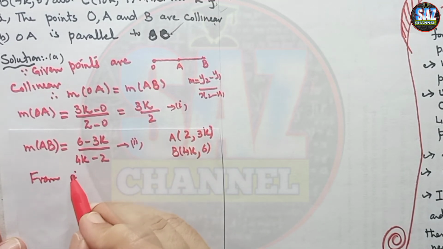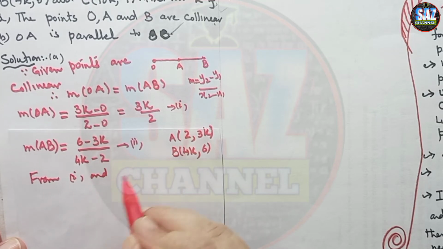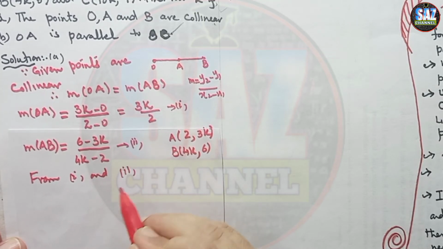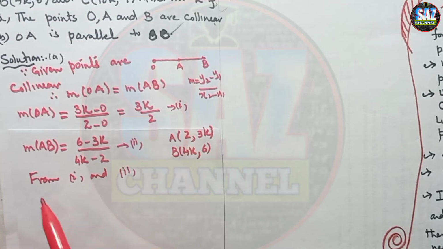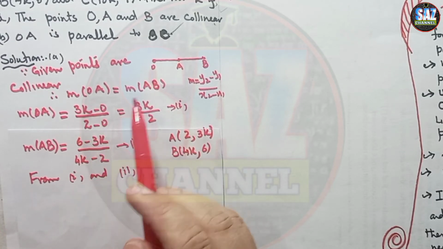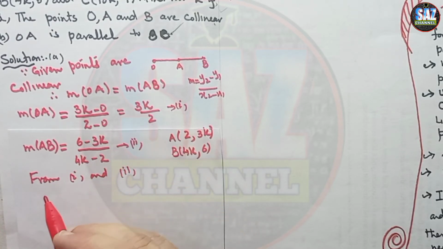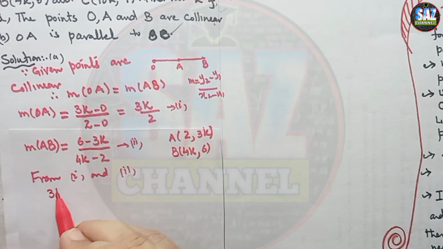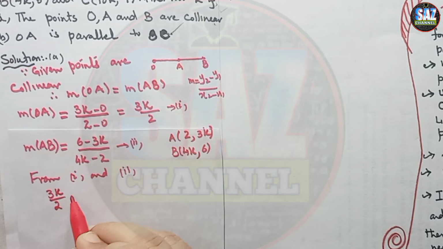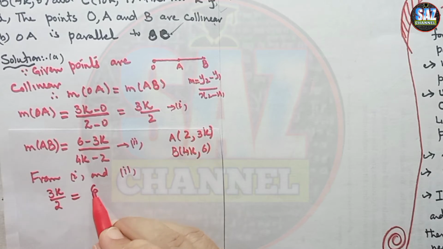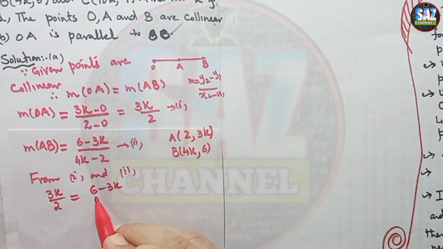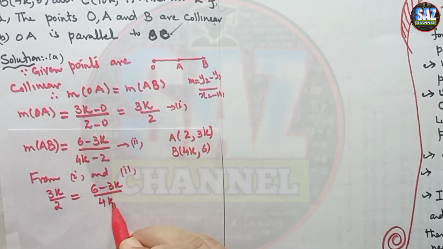From 1 and 2, what we can do is that we can equate them, because the condition says that gradient of OA equals gradient of AB. So 3k by 2 equals 6 minus 3k upon 4k minus 2.